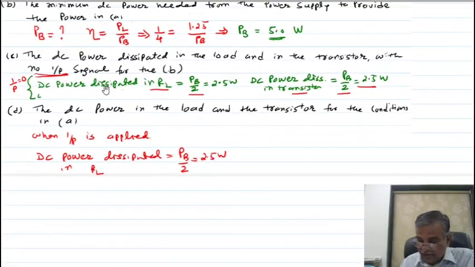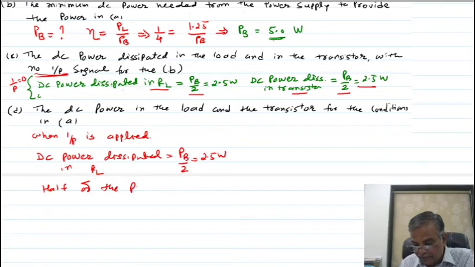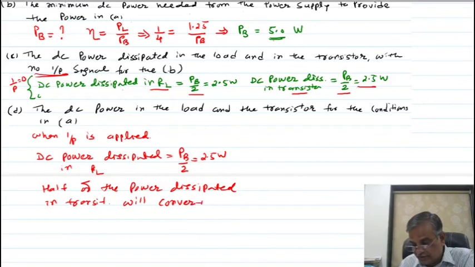Half of the power dissipated in the transistor will convert into AC power.